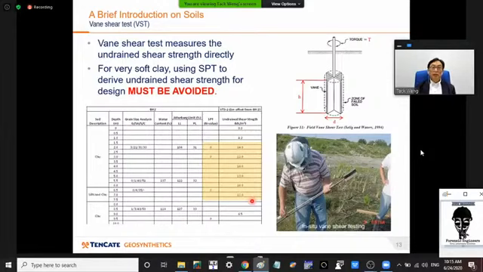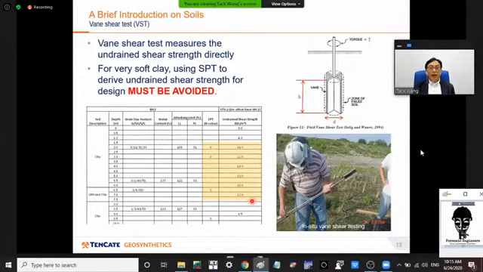Not only that, when you have got SPT 1 and 2, the difference between 1 and 2 can make a very, very big difference in your undrained shear strength value. And I would say that for the final design, the use of correlated SPT should be avoided.